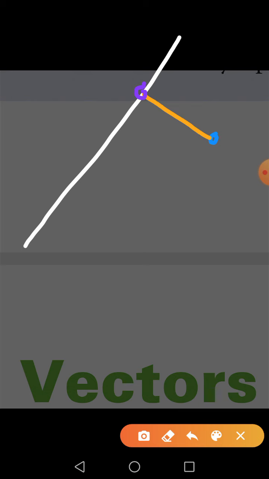So if you have to find the distance, then you can do it using one single formula, which I will show you later how to derive.